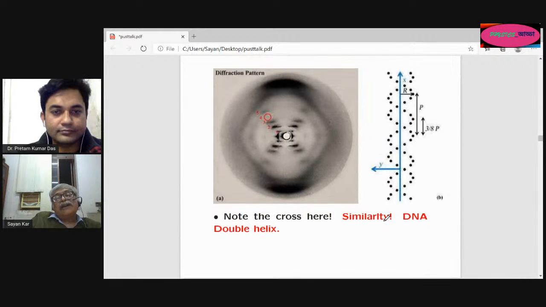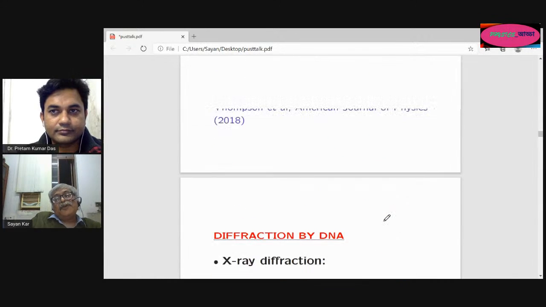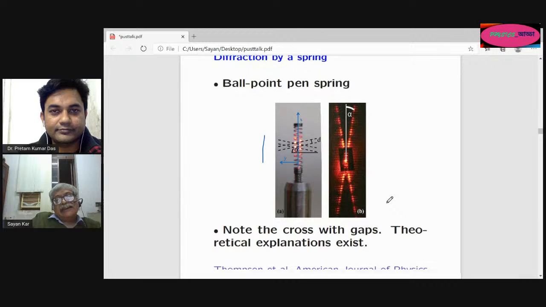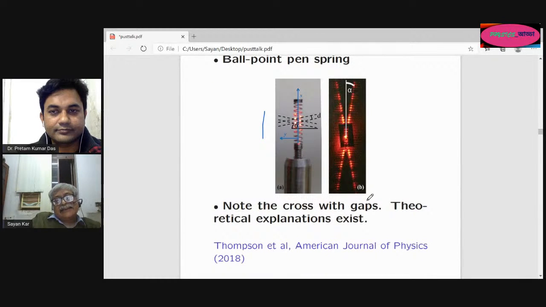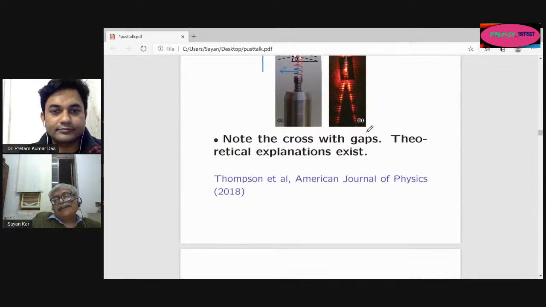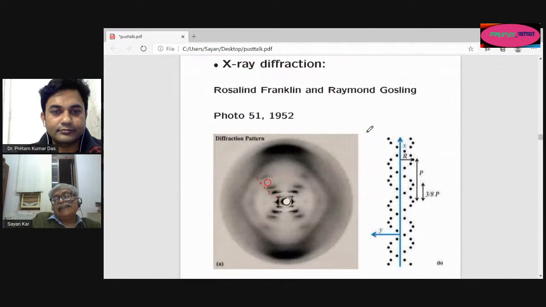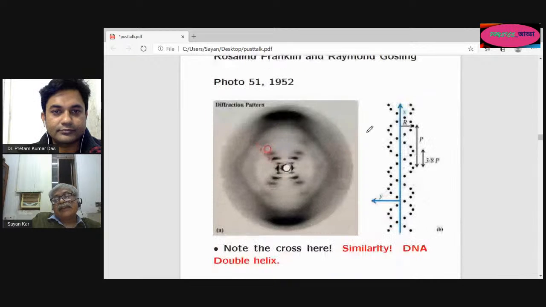So you can see this wonderful similarity, and therefore you should be able to understand that there is a grand unity in various phenomena that occur which are related to physics. And you can see that what you see over here in this very simple experiment is not very different from what people had seen in X-ray diffraction of DNA.